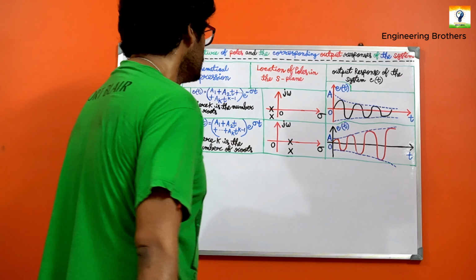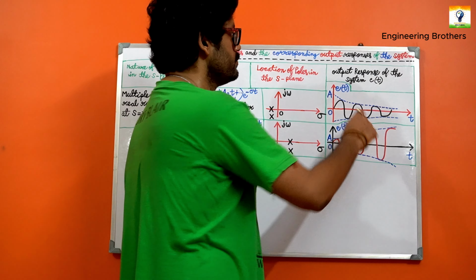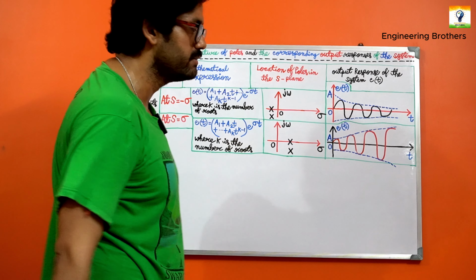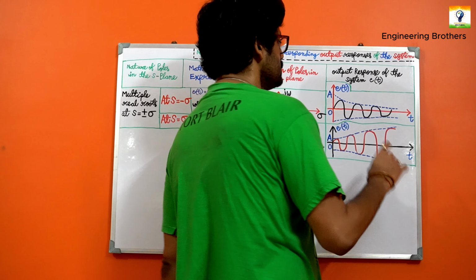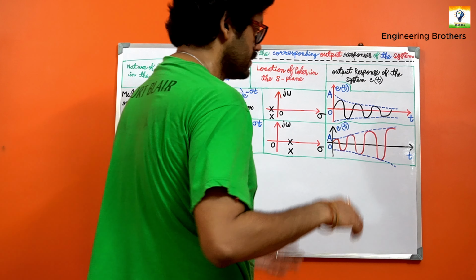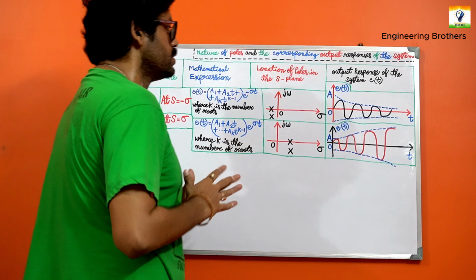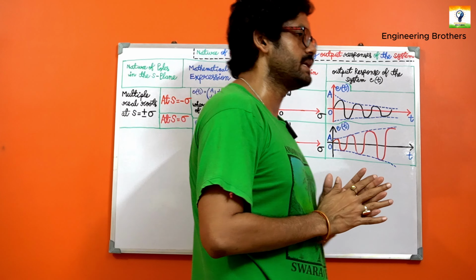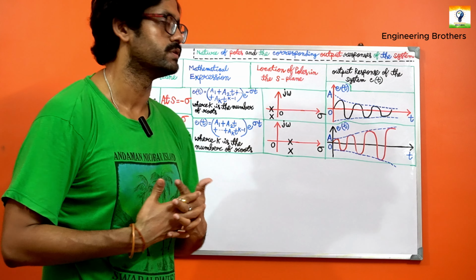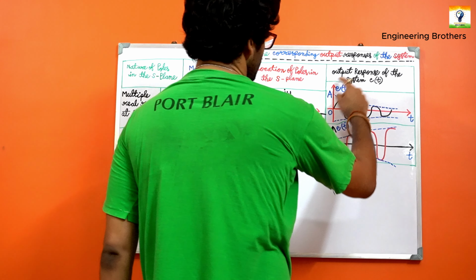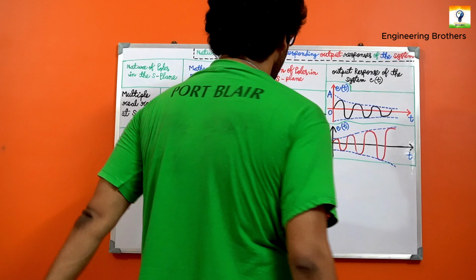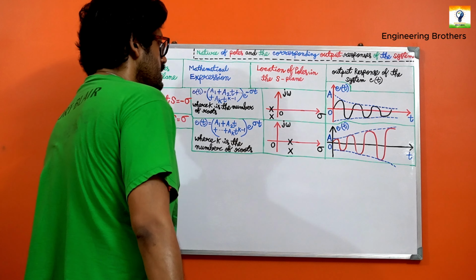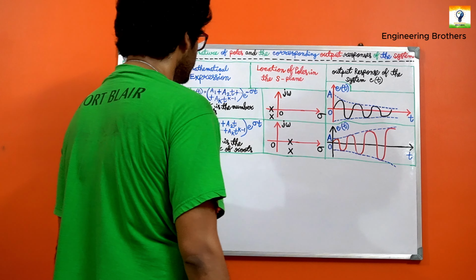So naturally this will be a stable system. Why? Because if you increase the time, the oscillation goes towards zero, and there is a tendency to reach a finite value. That is why it goes to a finite value, and because of that we can say that the system is stable.